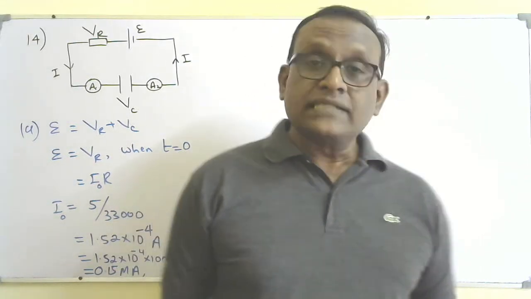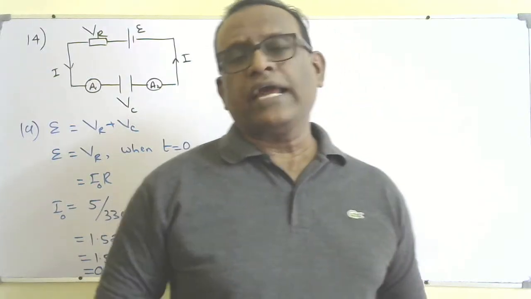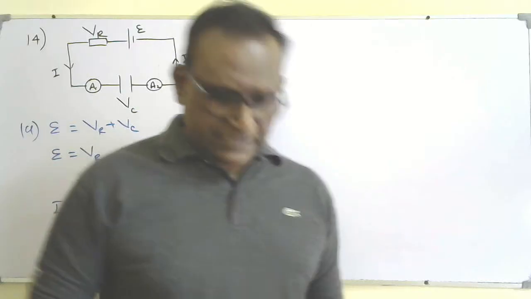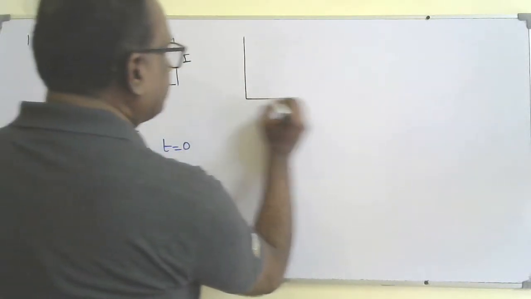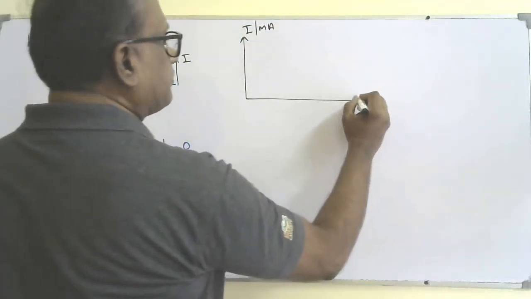Right. Part C, determine the capacitance of the capacitor. You can do that in many different ways. The graph is given, and you can see it's an exponential graph of current in milliampere against time.